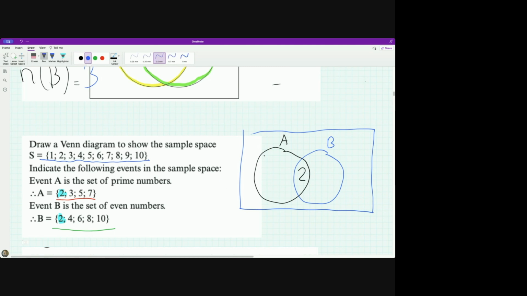So for me, I get a 3, a 5, and a 7 over there. I get a 4, 6, 8, and 10 over there.